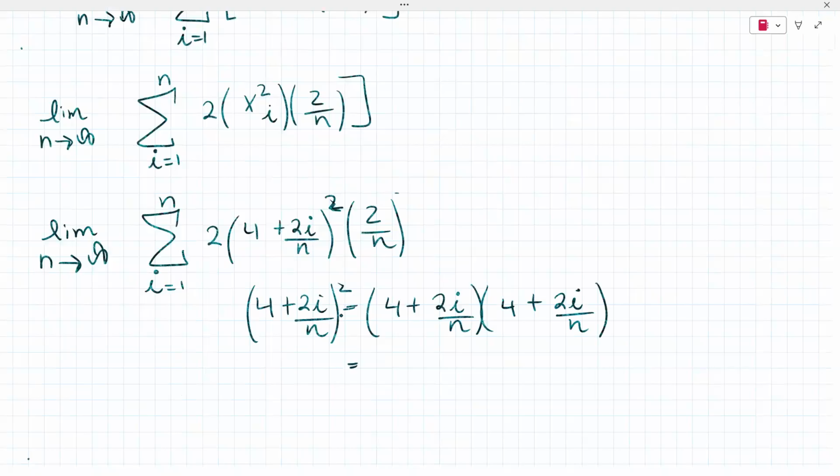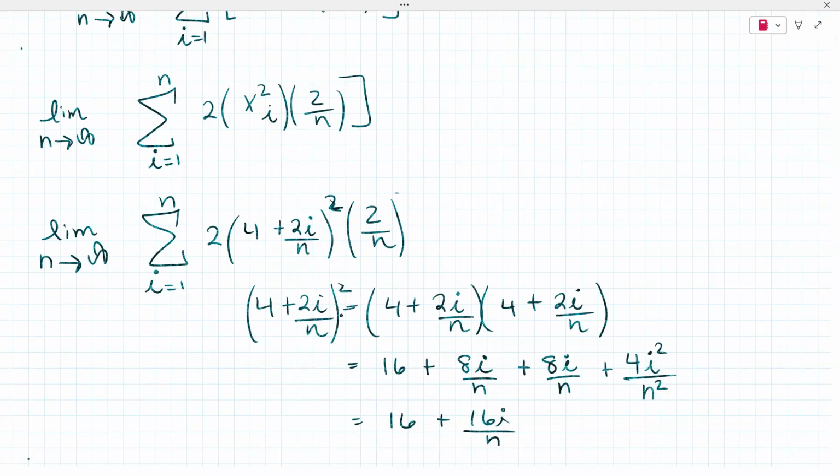And that simplifies as 16 plus 8i over n plus 8i over n plus 4i squared over n squared. And that simplifies as 16 plus 16i over n plus 4i squared over n squared.